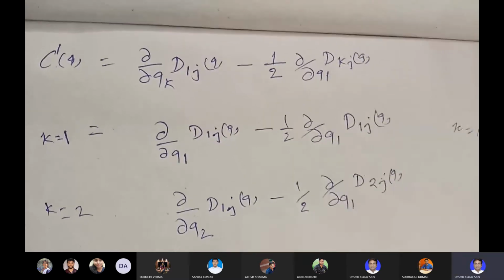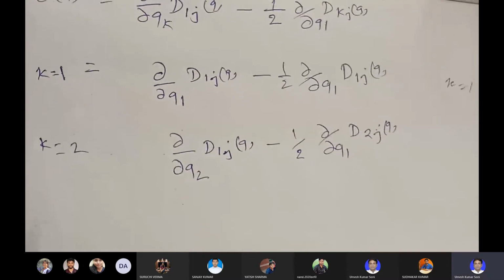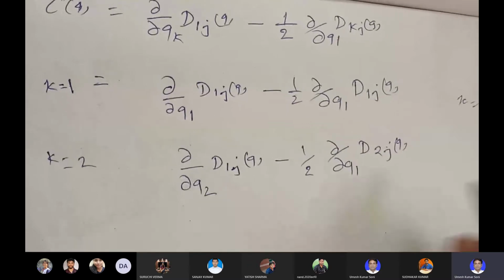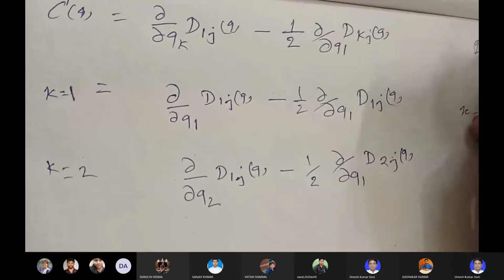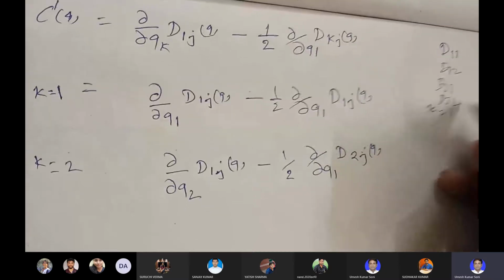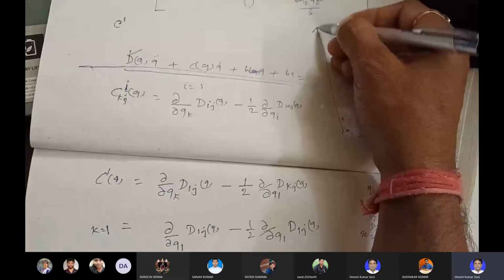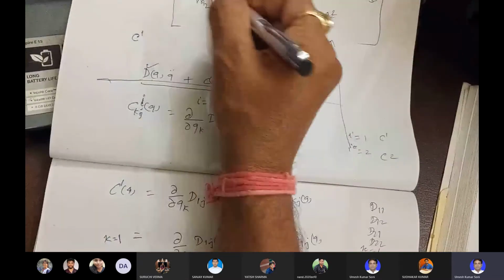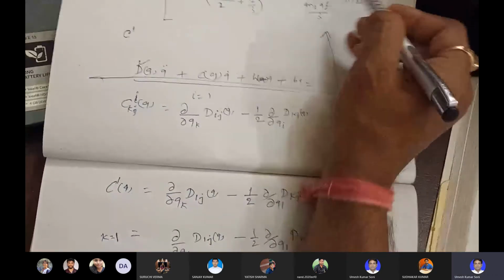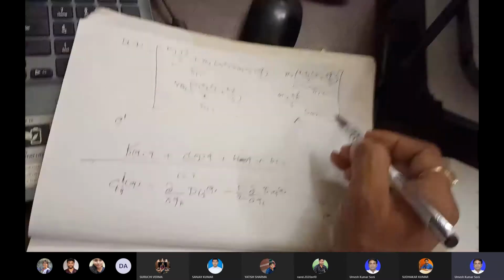Okay, clear? When you have this you have elements d11, d12, d21 and d22 in this equation. Okay, this is d11, this is d12, this is d21 and this is d22. Okay, clear?